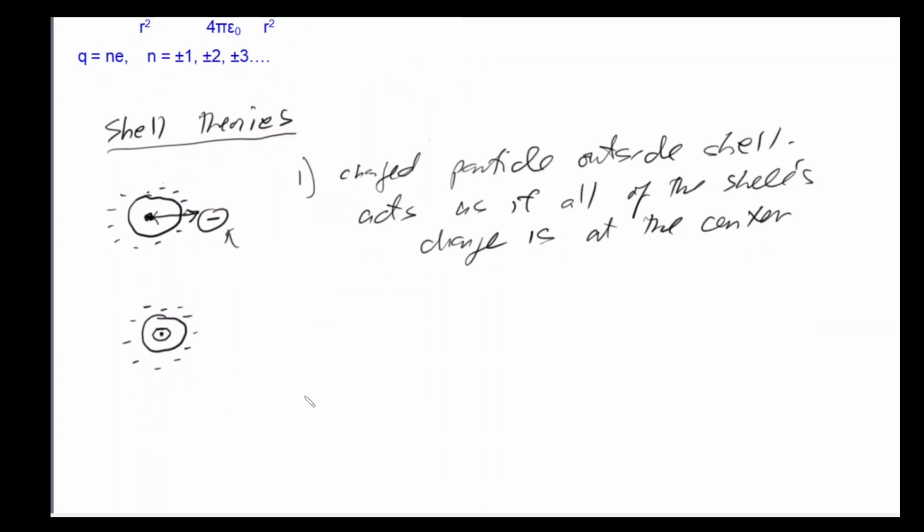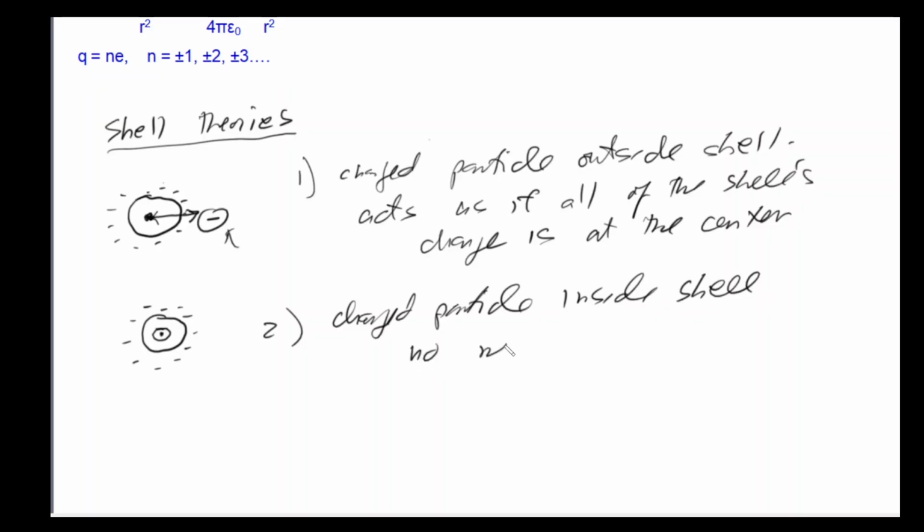The second theory says that if a shell has a uniform charge distributed evenly on its surface, a charged particle inside the shell will have no net force acting on it due to the shell's charge. So if a charged particle is inside the shell, we will have no net force on the particle.